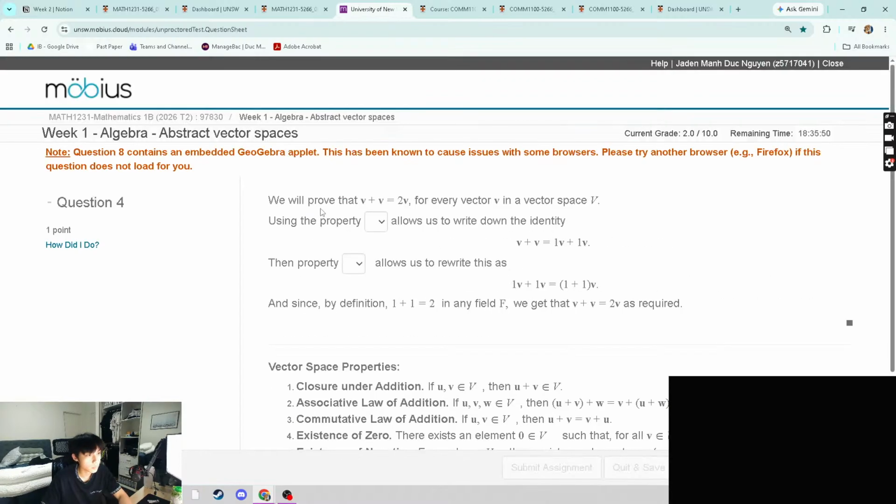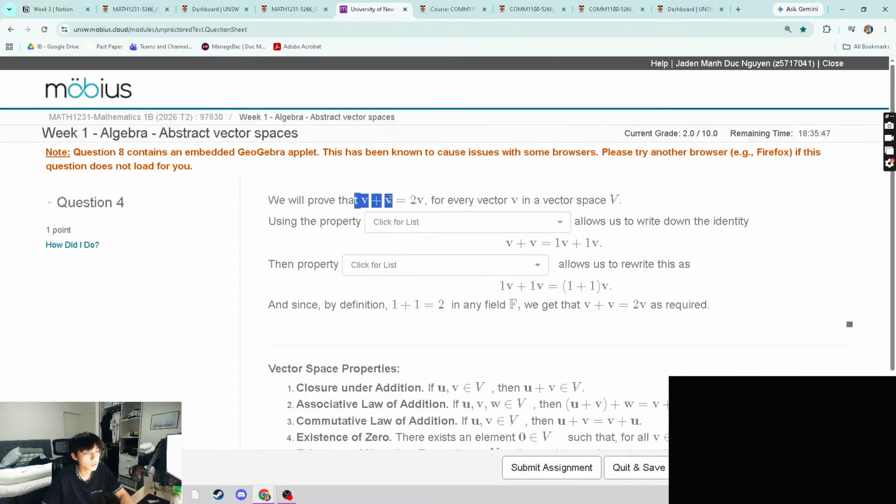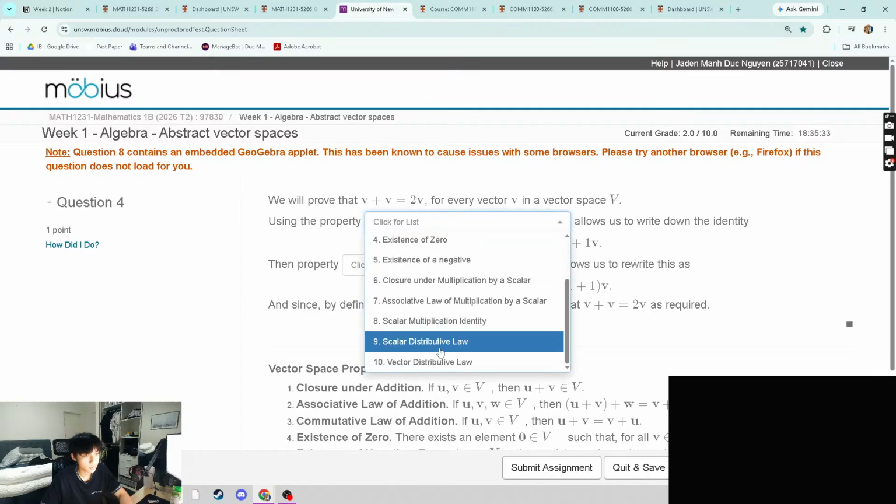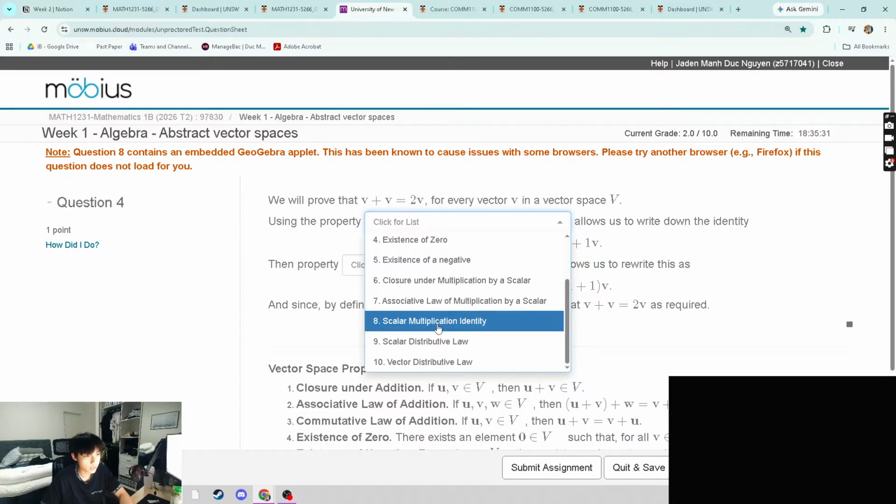Okay. We prove that v plus v is equal to v for every vector v in a vector space v using the property, let's think. Axiom number 8. Scalar multiplication identity.